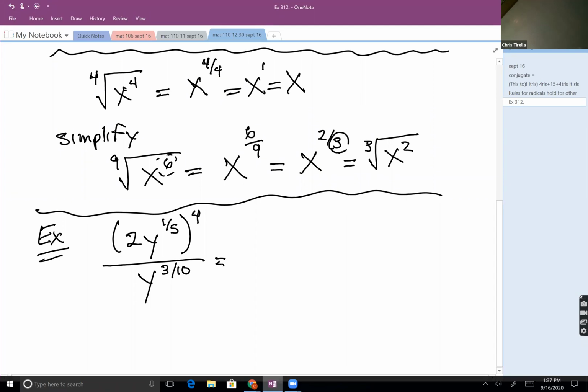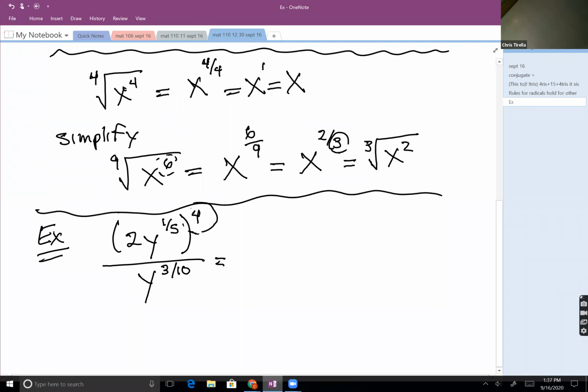Even when you have fractional exponents and negative exponents, your exponent rules still hold, as do your order of operations. So the first thing that I would do here is clear that outer exponent in the numerator.